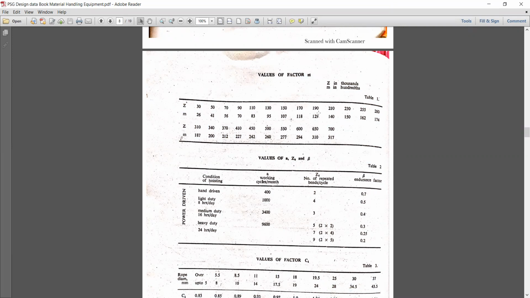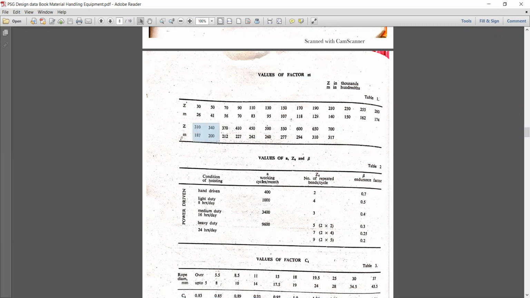Now, what is the value of z? We have to calculate the value of z based on two equations. We can use n, or based on the working condition, or based on the value of m, we can find out the value of z. Okay, so here the value is 194.